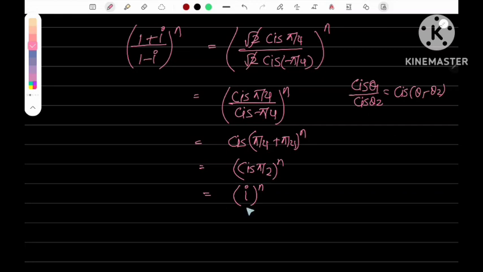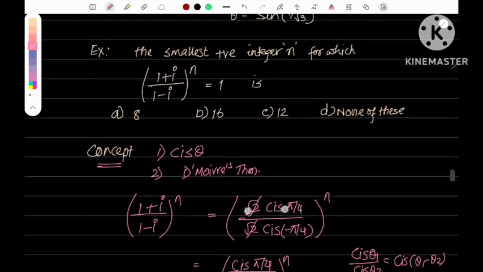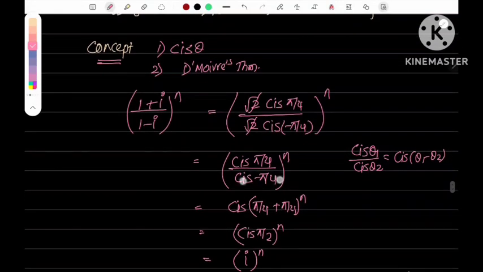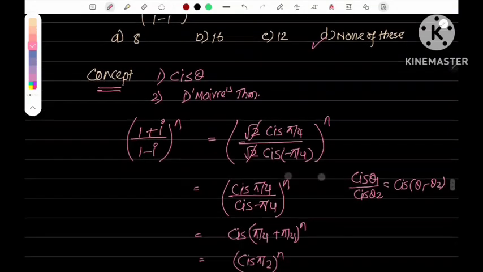So if this has to be equal to 1, then the smallest possible value of n will be equal to 4, right? i to the power 4 is equal to 1. It can be i to the power 8, i to the power 16, any multiple of 4, but the smallest positive integer is n equal to 4. So none of these. The answer is none of these.